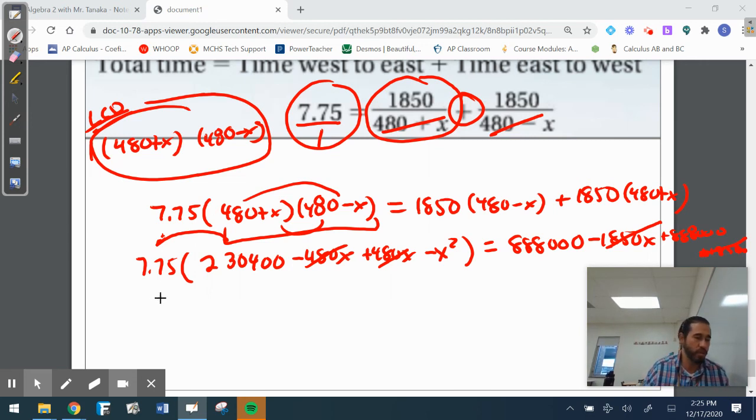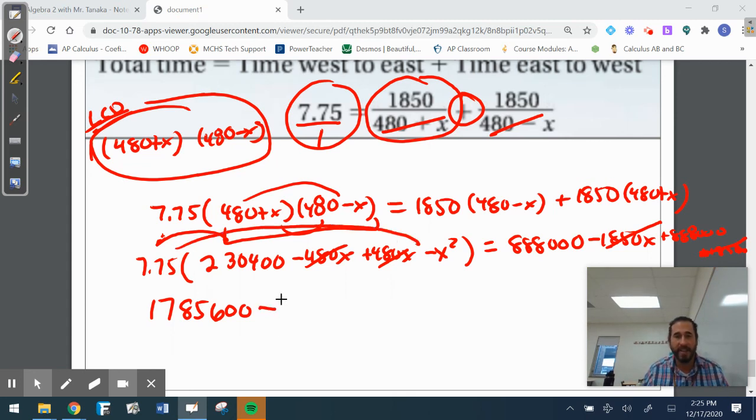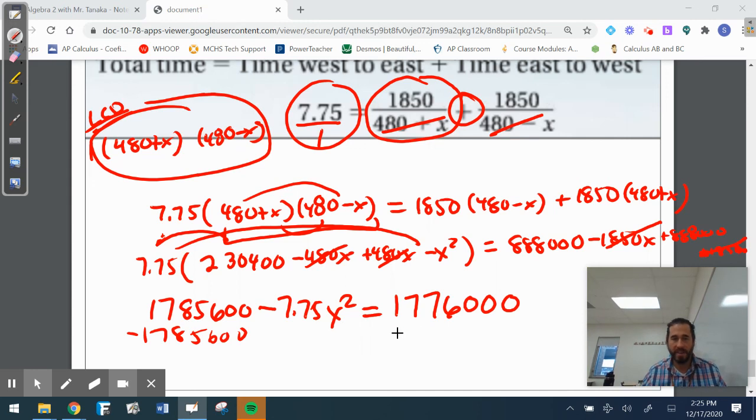That's going to be a huge number. 1,785,600. And then I got to multiply it all the way over there, and I get negative 7.75x squared. And that's equal to, oh my gosh, 888,000 plus the same thing gives you 1,776,000. And then I'm going to subtract this enormously huge number with this enormously huge number.